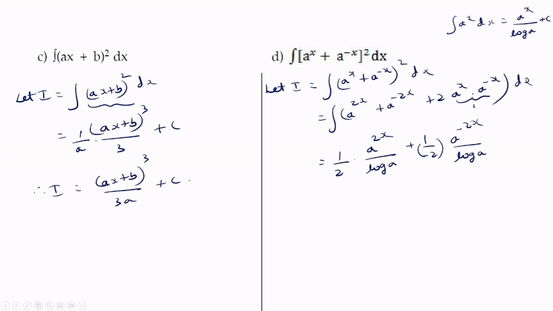Here this is 2 into 1, so 2 integral dx is 2x plus c. So this is equal to a raised to 2x by 2 log a minus a raised to minus 2x by 2 log a plus 2x plus c. So this is the integral of this given function.